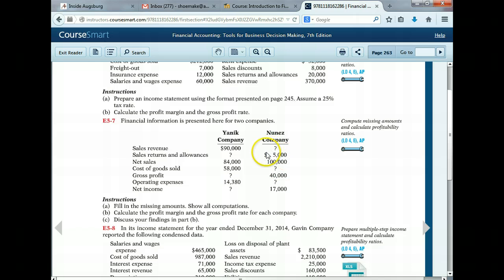If our sales returns and allowances is 5,000, that means our sales revenue needed to be 105.